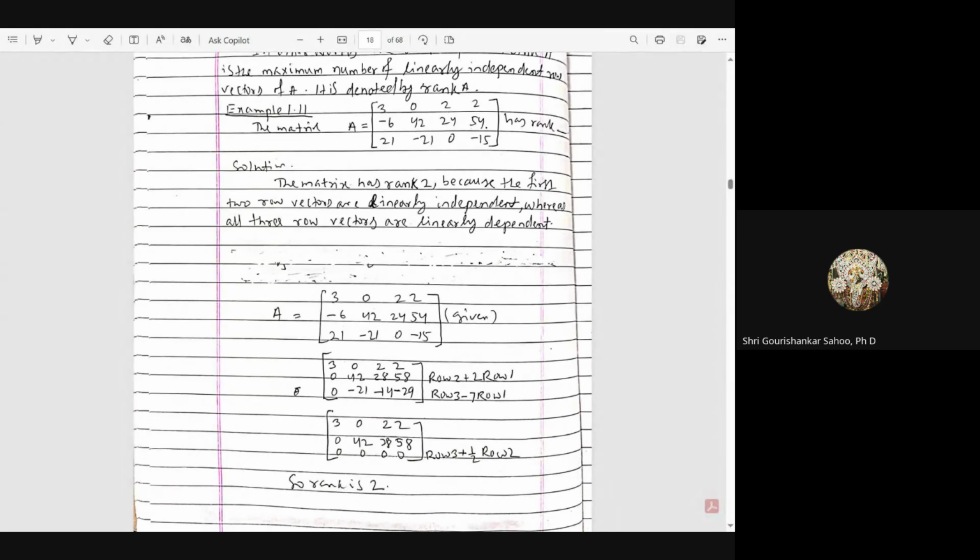In the next step, in the third row, you change row 3 to row 3 plus half row 2, and the third row will become 0, 0, 0, 0, and now it cannot be simplified further, and non-zero values are only in 2 rows. The rank is 2.